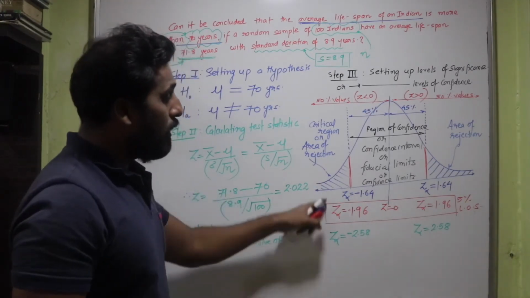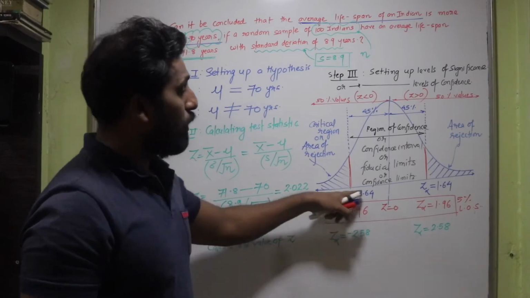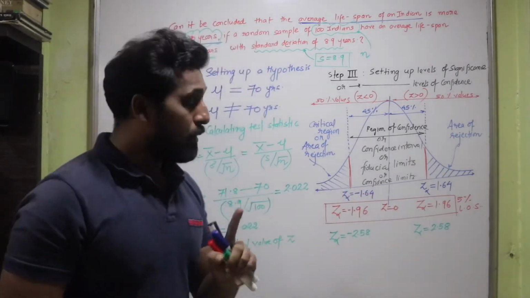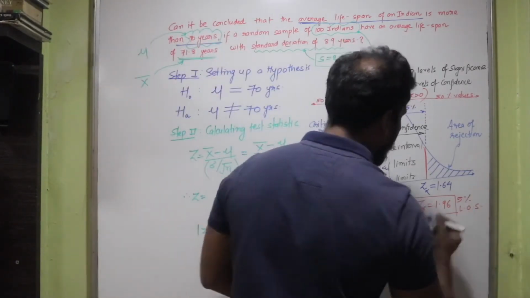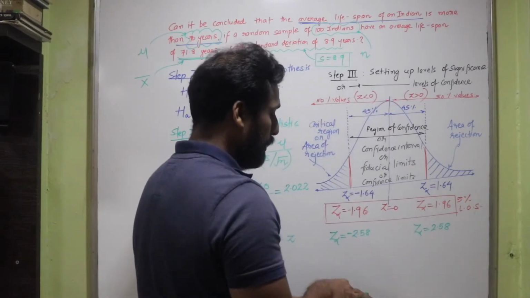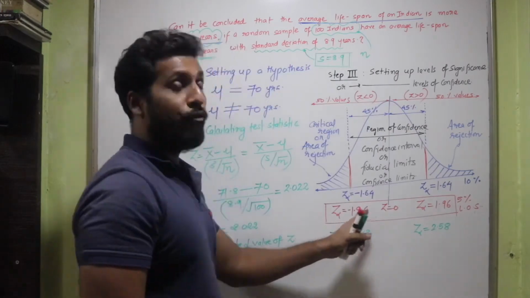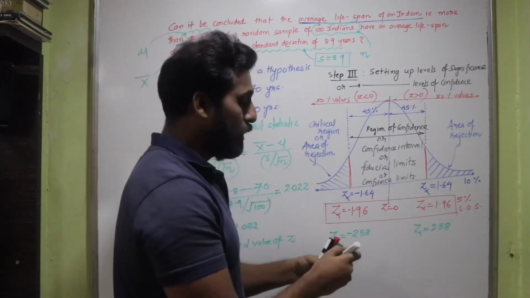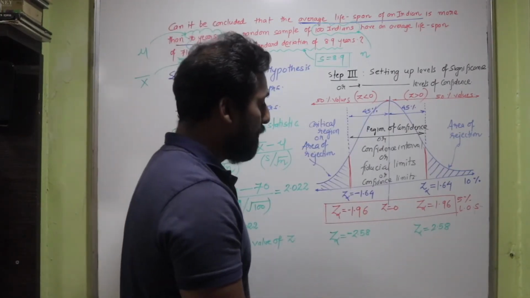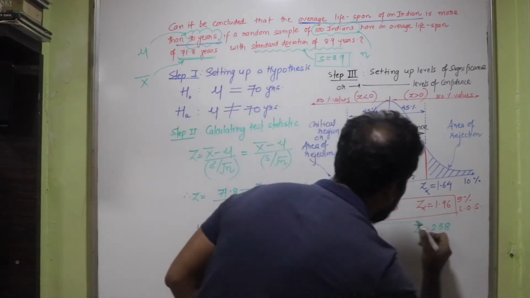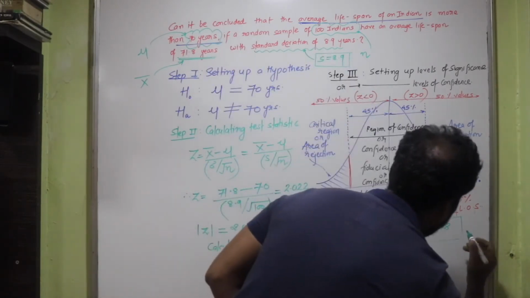So these are different levels of significance. The first one that I've written is for 10% level of significance. The next one is for 5% and the next one is for 1% level of significance.